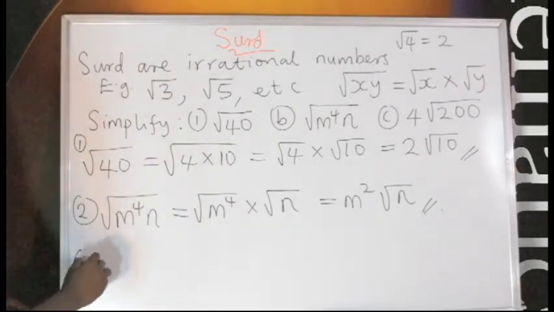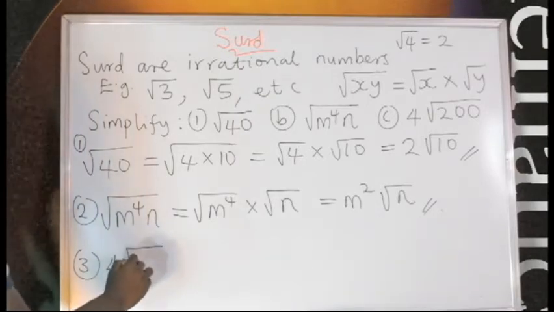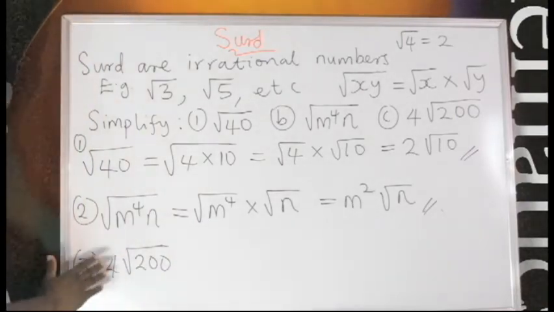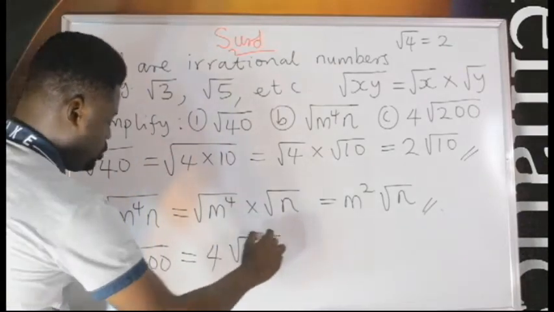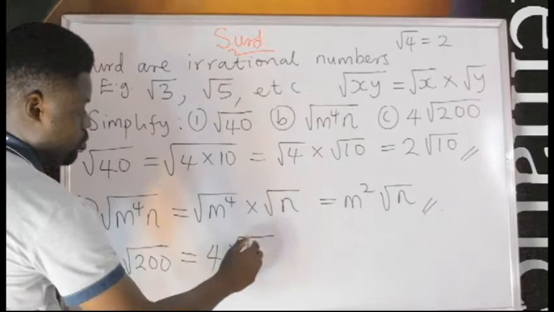Number 3, we have 4 root 200. Now your 4 is outside, so you won't put any focus on it. Just leave it outside the way it is. Then root 200 will be 100 times 2.